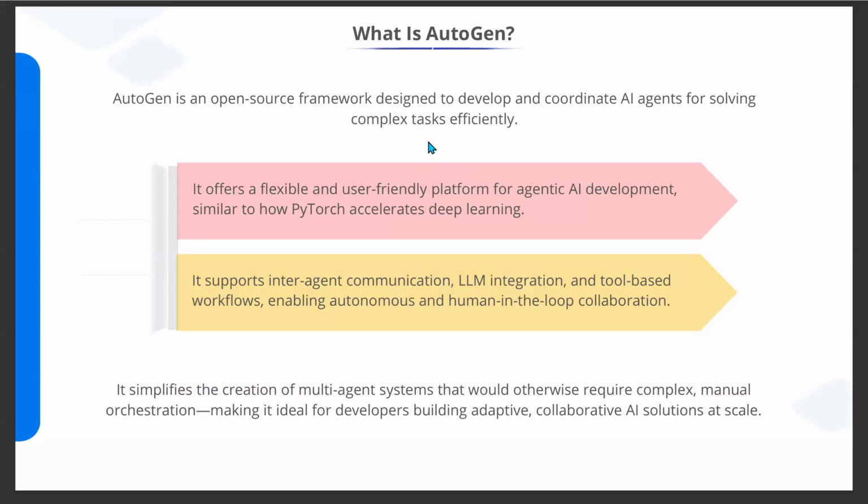And here, AutoGen helps us build and manage a team of AI agents. It offers a flexible and user-friendly platform for agentic AI development, similar to how PyTorch accelerates deep learning. And also, it supports intelligent communication, LLM integration, and tool-based workflows, enabling autonomous and human-in-the-loop collaboration.